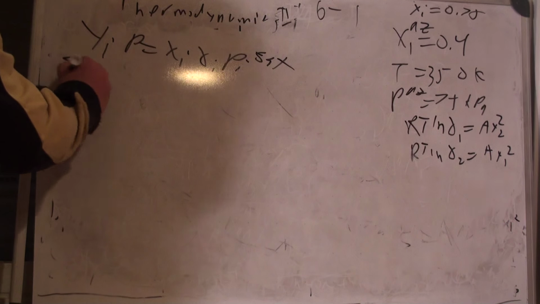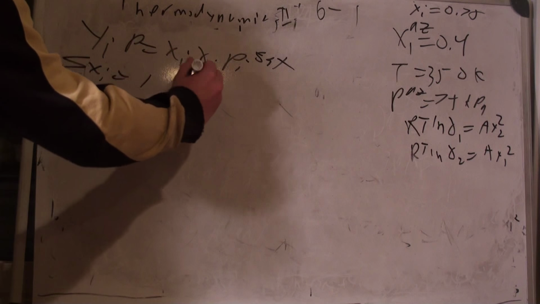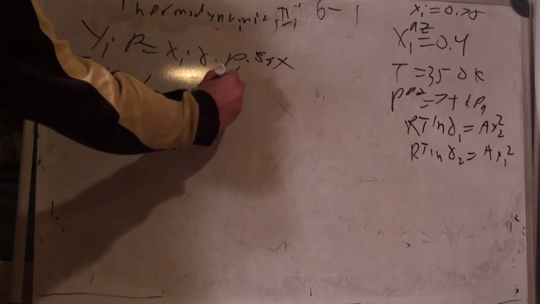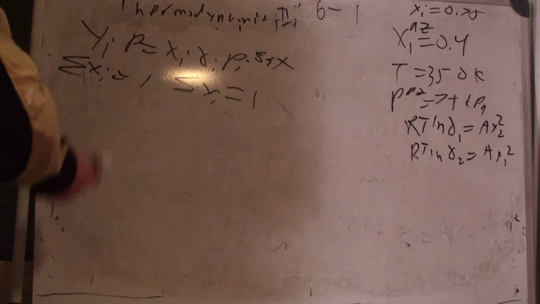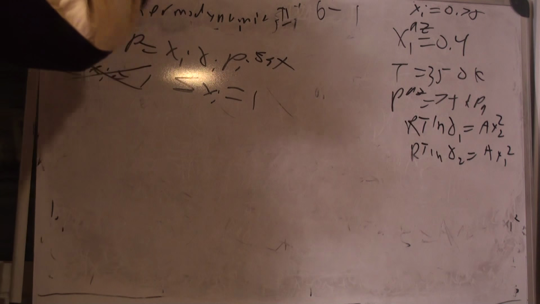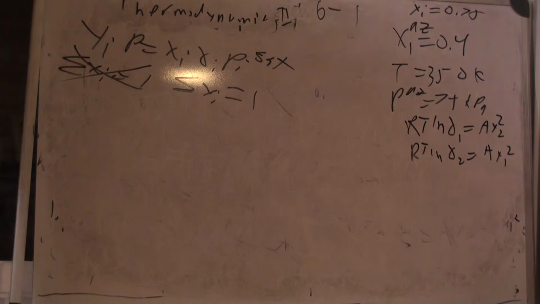I'm going to use summation of xi equals 1 or summation of yi equals 1. I might use both, but for the most part I'm going to use one or the other. I'm going to use the one that I don't already know adds up to 1. Now I'm given x, and so I already know that 0.4 plus 0.75 plus 0.25 equals 1. So this one's not the one I'm going to want to use. I'm going to want to use that one.